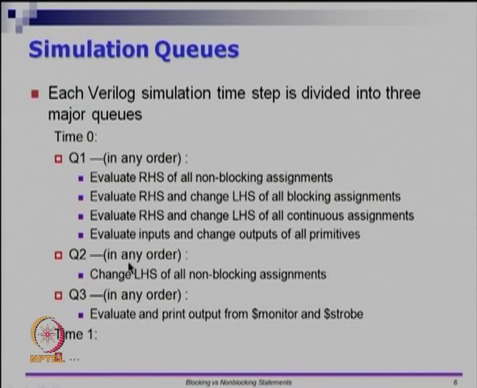The two major steps are Q1 and Q2. In Q1 all the non-blocking assignments are evaluated and set aside, and the actual assignments happen only in Q2, but before doing that, the blocking assignments, continuous assignments and primitives are evaluated.